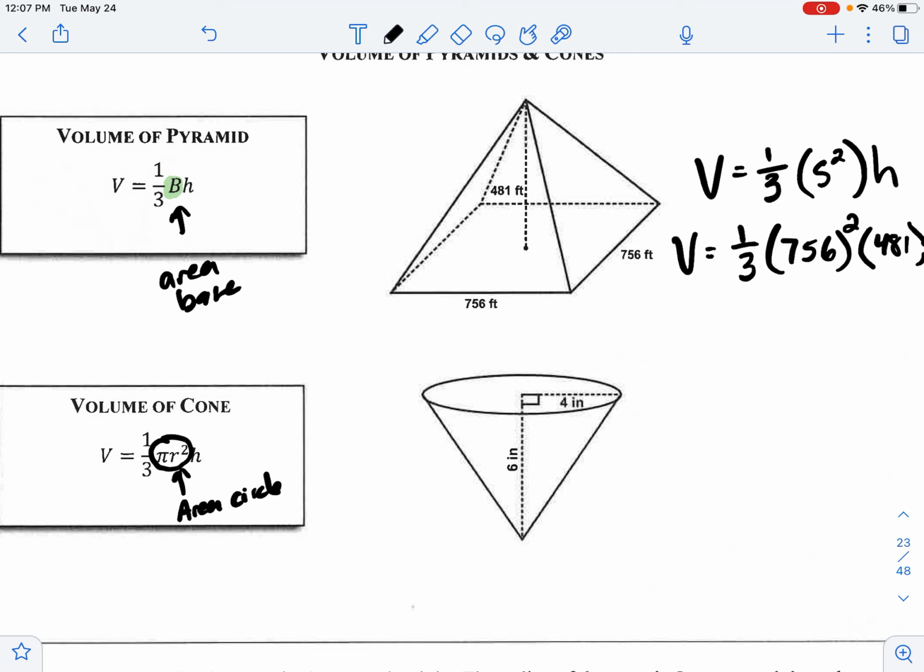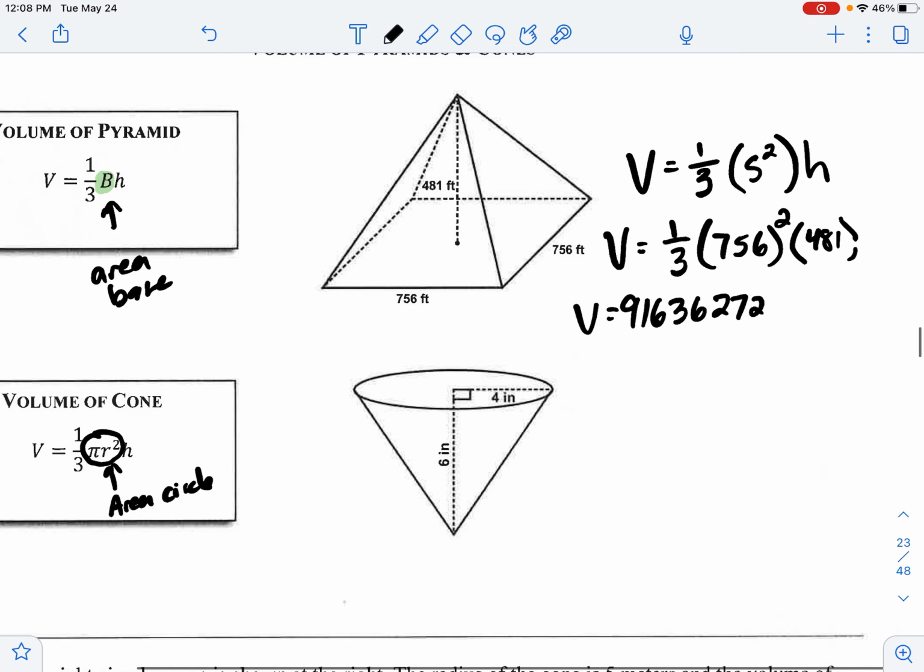And then we can go ahead and put that in the calculator. Okay, so I'm putting that in now. 1/3 times 756 squared times 481. Okay, so pretty large number here. 91636272, and it's going to be feet cubed.